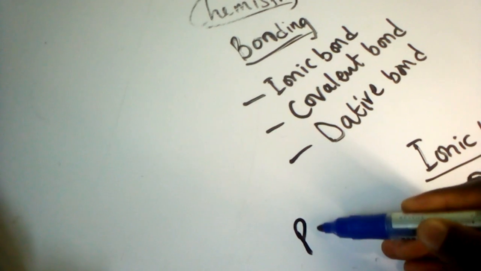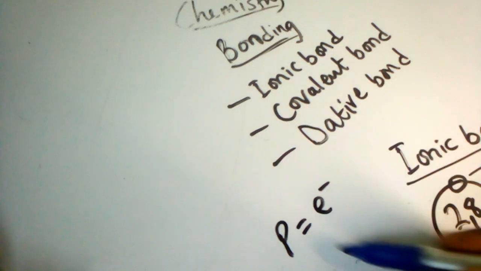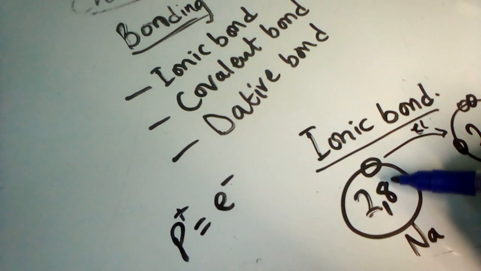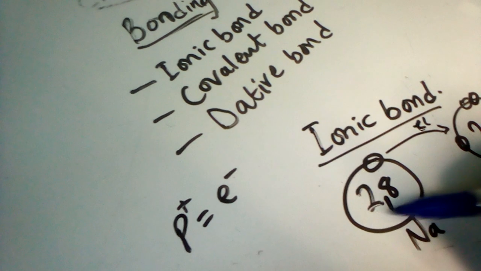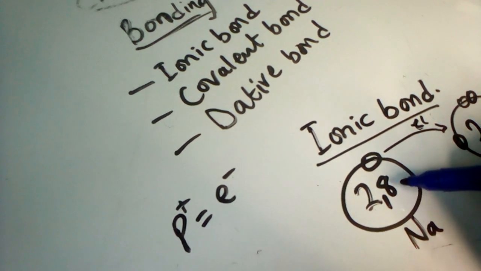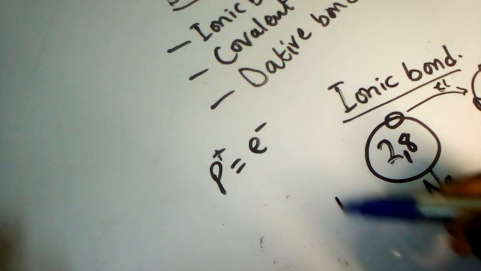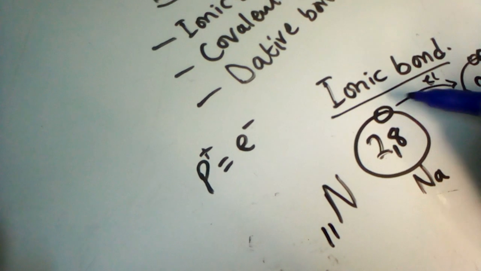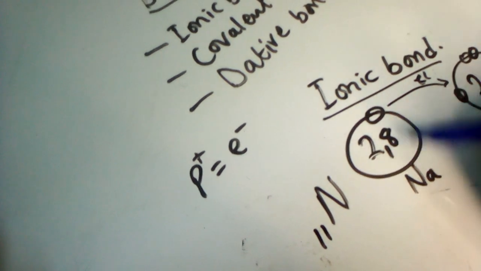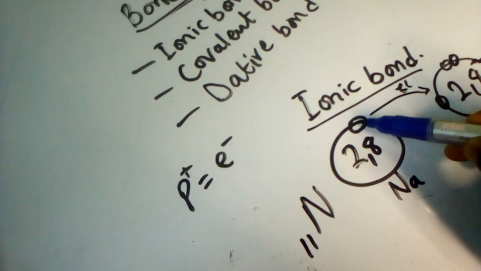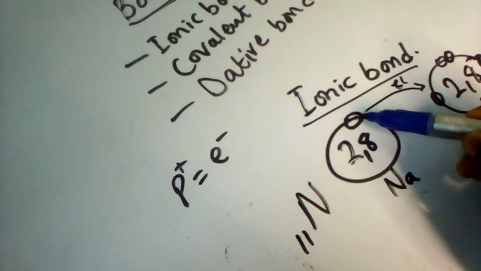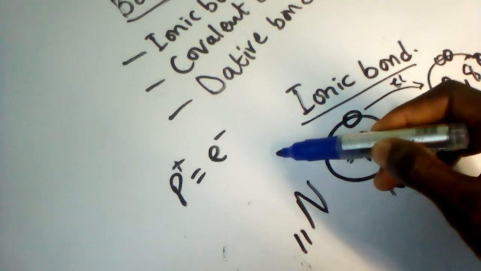Immediately that happens, I told you that the number of protons must be equal to the number of electrons so that the charge could be 0. But in this case, don't forget that we have 11 electrons altogether in sodium. So that implies that in sodium we have 11 protons, which will balance the 11 electrons here. So after losing one of the electrons, the protons are going to be 11, and the electrons outside are going to be 10.